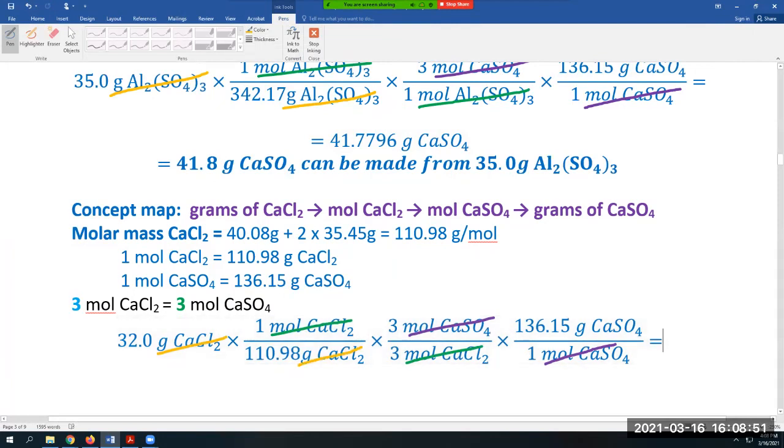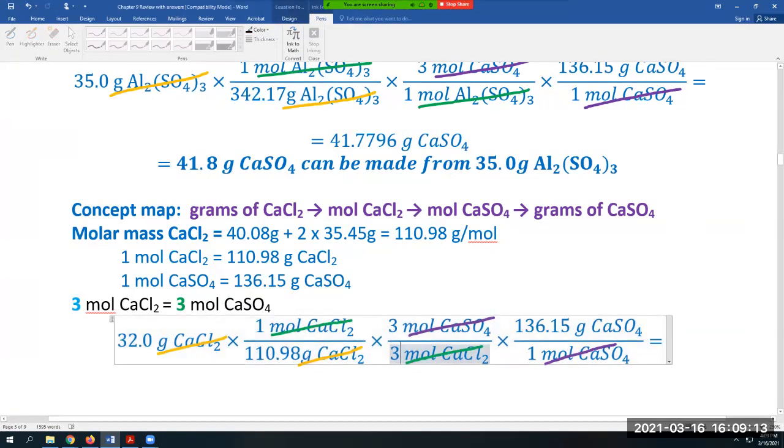So now we are ready to do the calculation. In the calculator, you do 32.0 times 3 moles of calcium sulfate times 136.15 grams of calcium sulfate, and divided. So there are 2 denominators to use here.